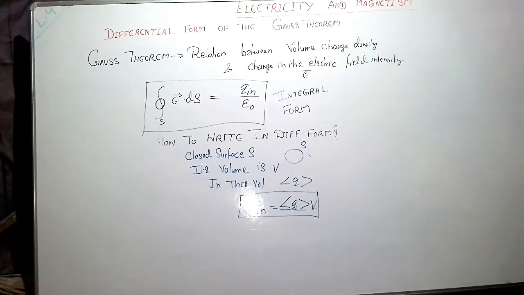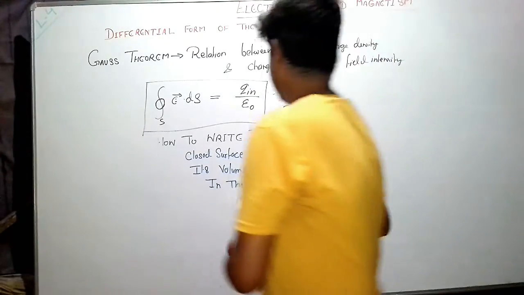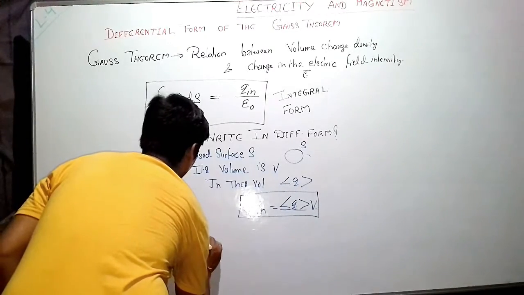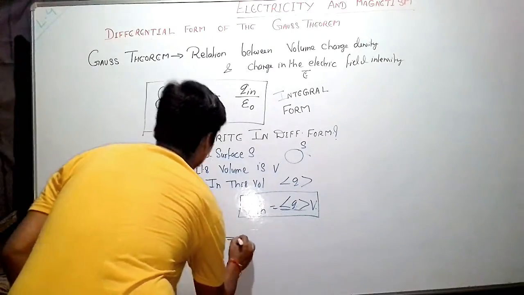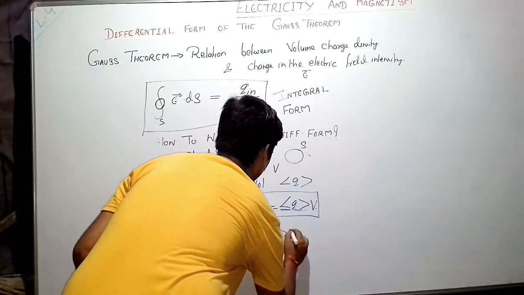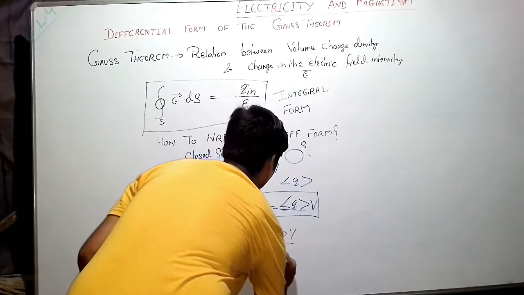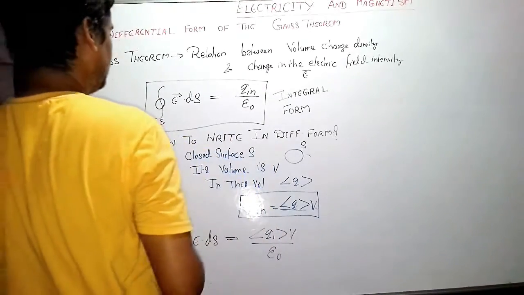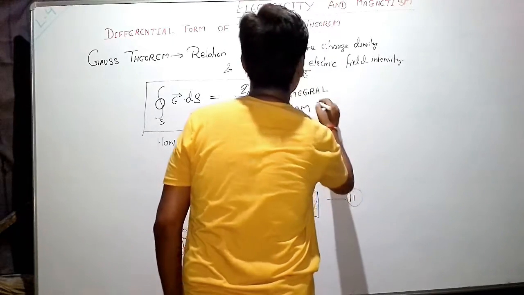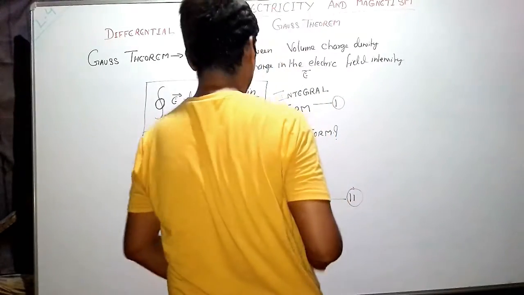Now we will substitute this into the integral form, and we get the integral of E dot ds equal to the charge density times V divided by epsilon naught. So we have substituted equation 2 into equation 1.